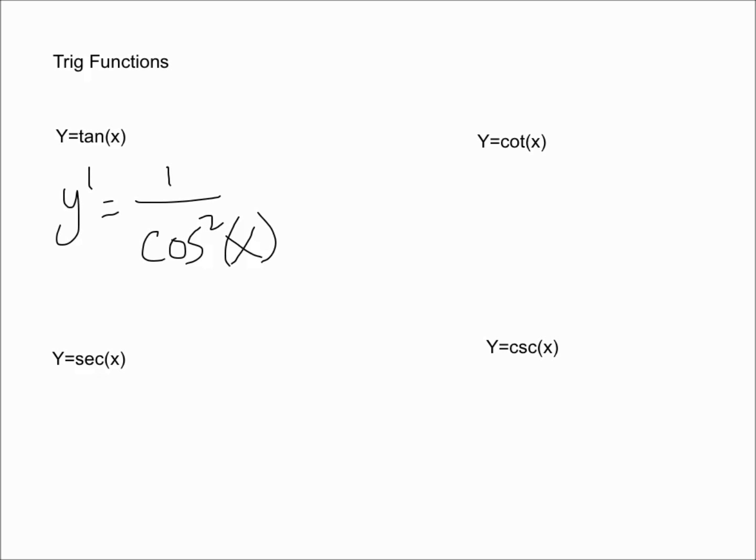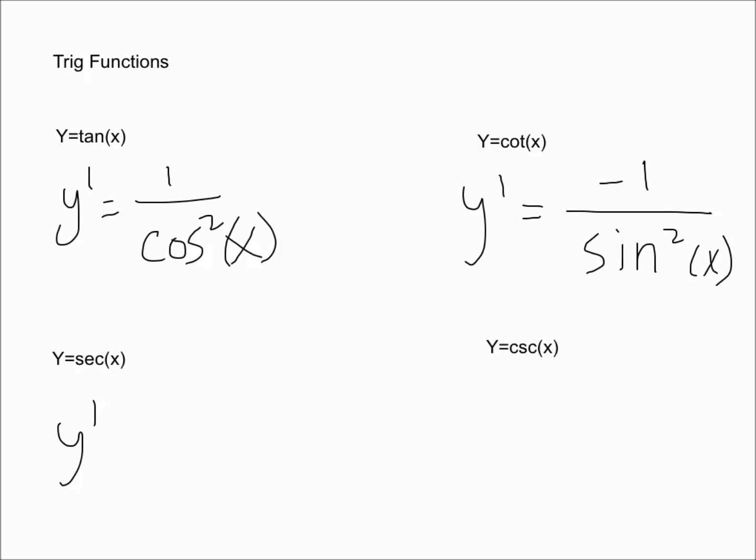For the case of the cotangent, y prime is equal to -1 over sine squared of x. For the secant, y prime is the secant of x times the tangent of x.